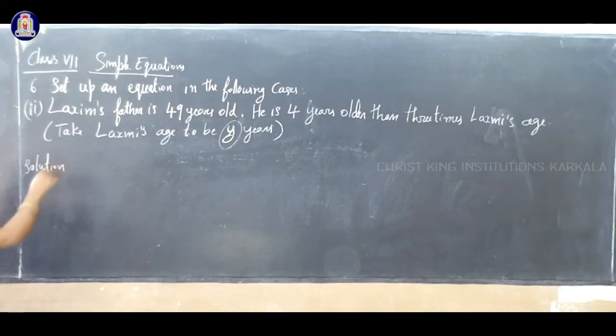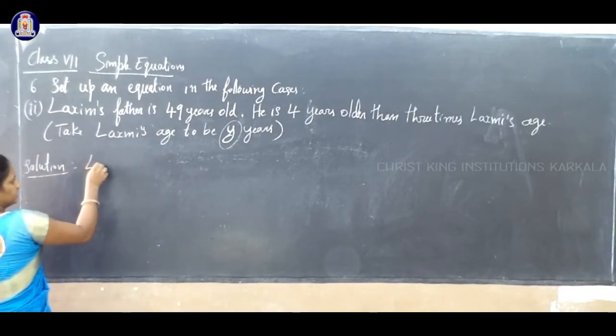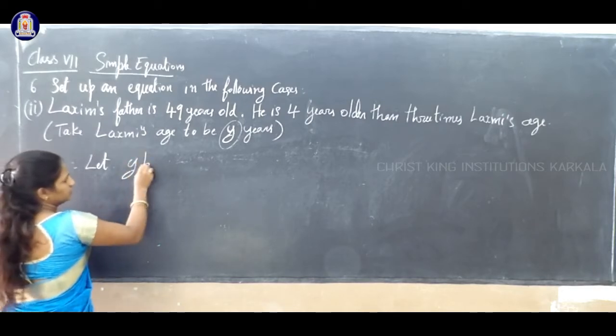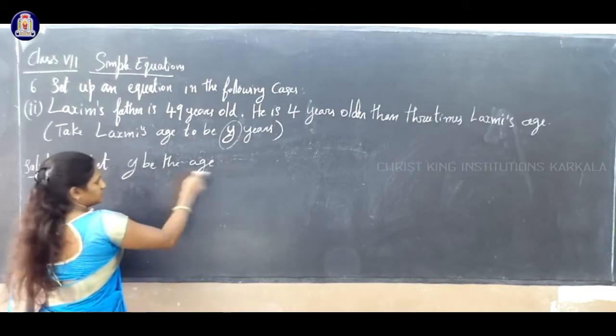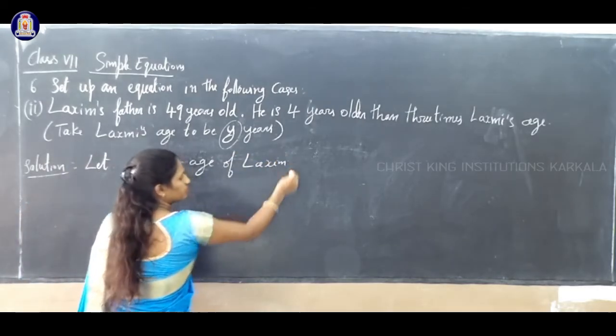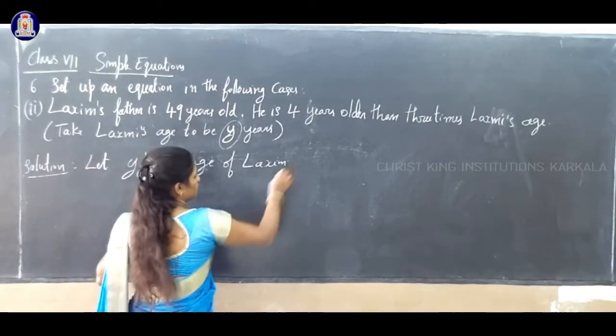Solution: first, let Y years be the age of Lakshmi. Or you can write, let Lakshmi's age be Y years.